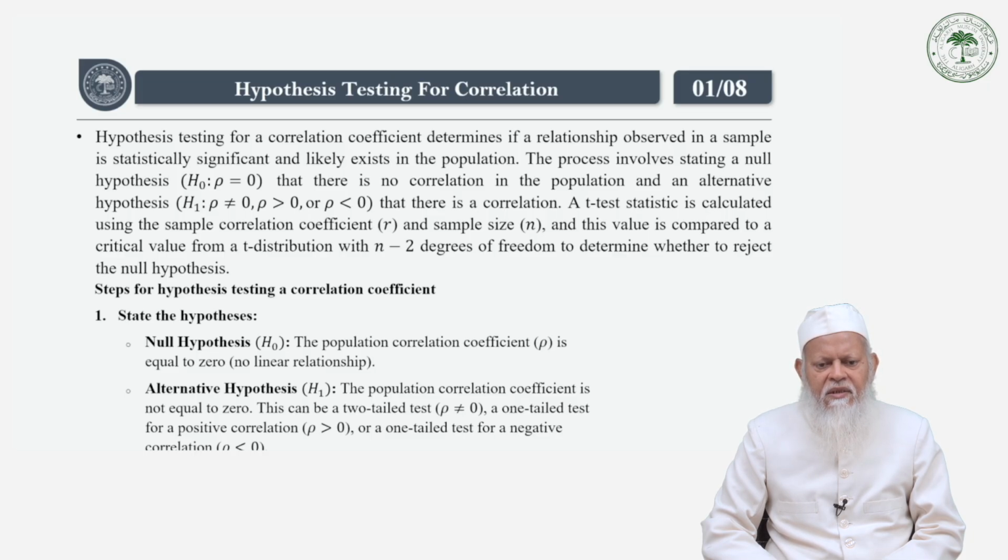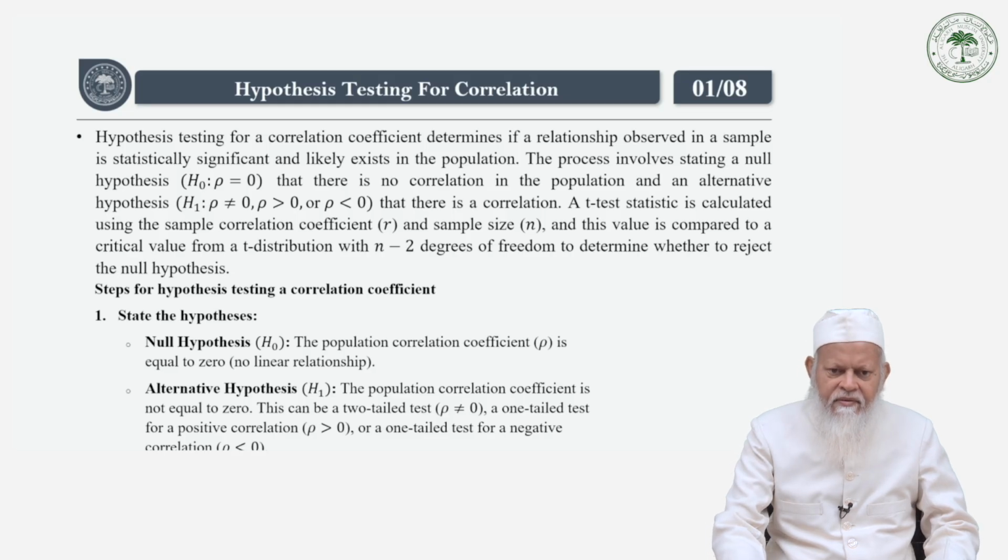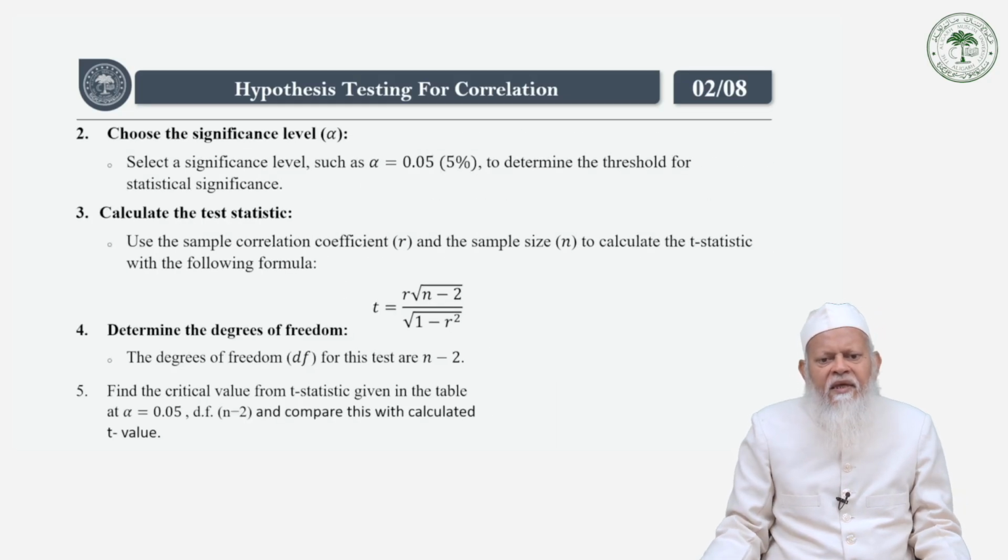This can be a two-tailed test, a one-tailed test for positive correlation, or a one-tailed test for negative correlation. We proceed ahead. Then we choose the significance level. Normally, we choose alpha equal to 0.05, that is 5%, to determine the threshold for statistical significance.